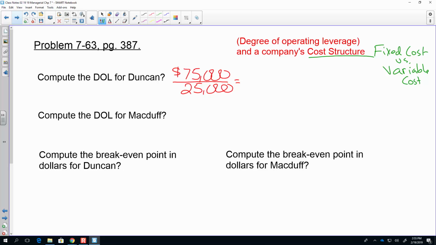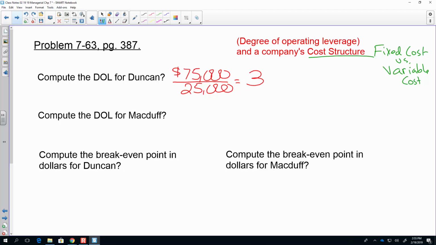Just 3, right? 1,000 over 1,000, we got 3, right?